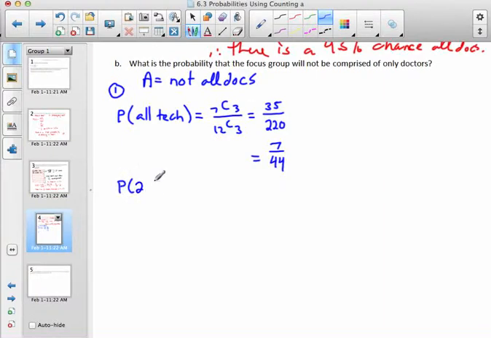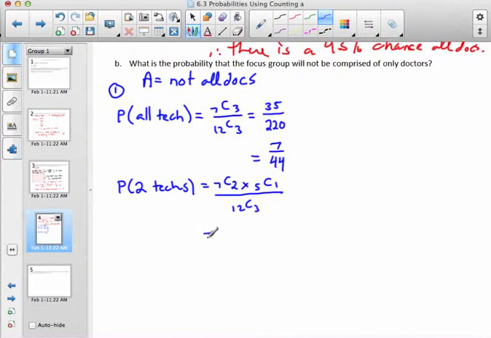Probability of 2 techs is 7 choose 2. However, the third spot has to be filled by 1 doctor. Divided by 12 choose 3.